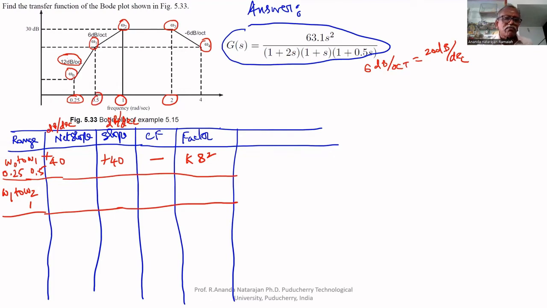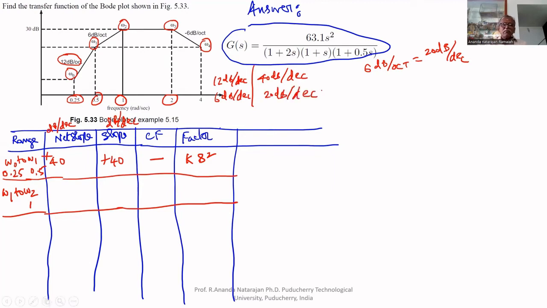The slope changed from 12 dB to 6 dB, reduced. That is, it changed from 40 dB per decade to 20 dB per decade.